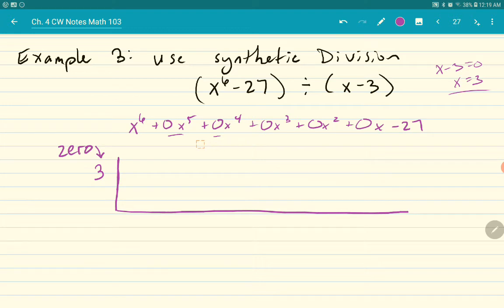I'll just take the coefficients and put the variables back in later. So my coefficients here are an understood 1 there, and then 0, 0, 0, 0, 0, and a negative 27. And I know that represents this.